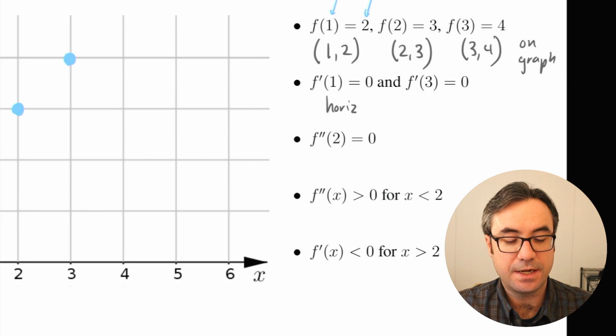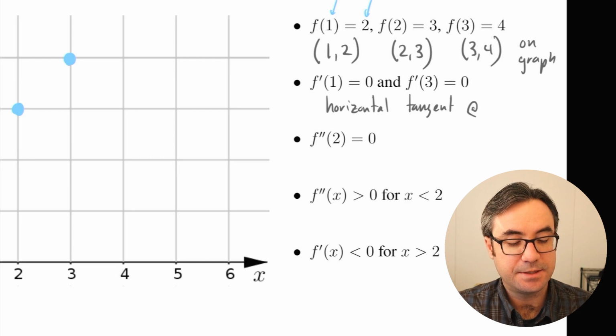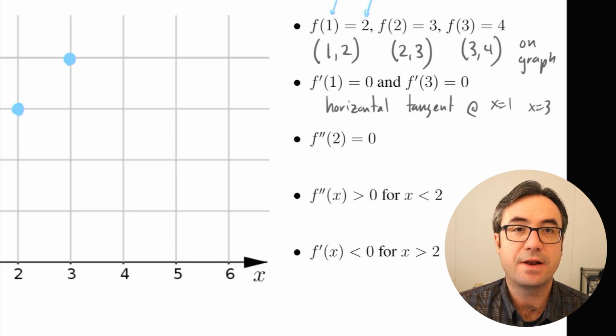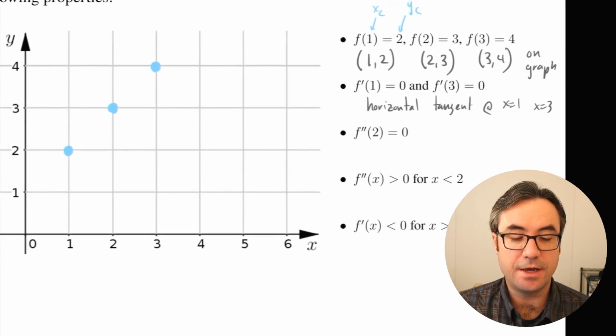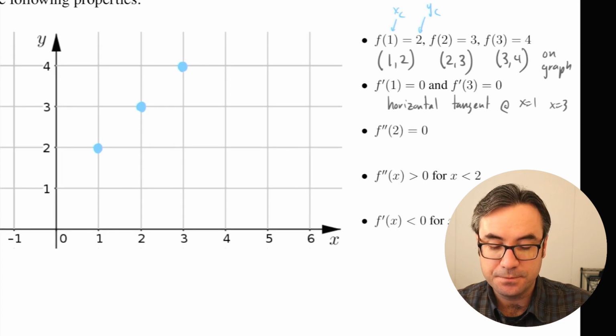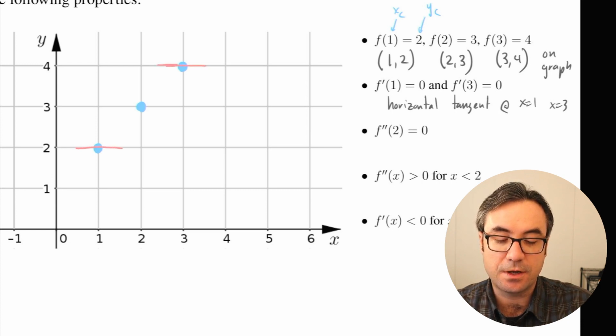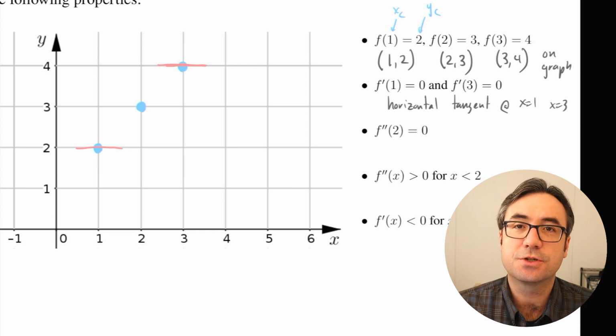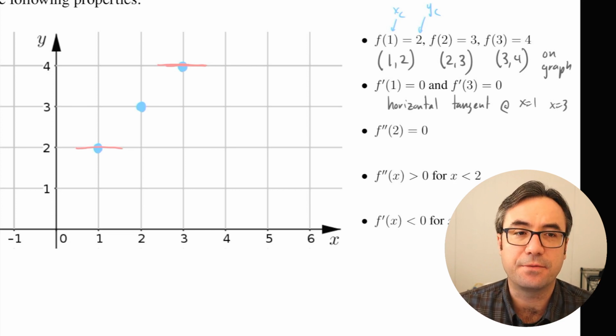So let's draw in our little horizontal tangent lines at x equals 1, just to remind us that our graph is going to flatten out there. And then again at x equals 3, let's draw a little bit of the tangent line in, just to remind us that our graph is going to flatten out there.